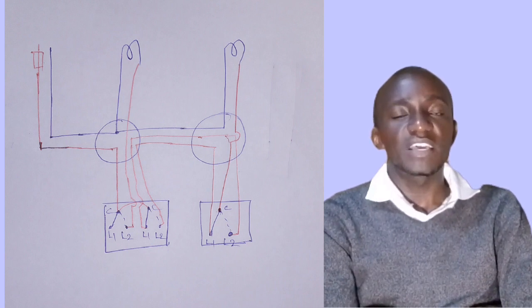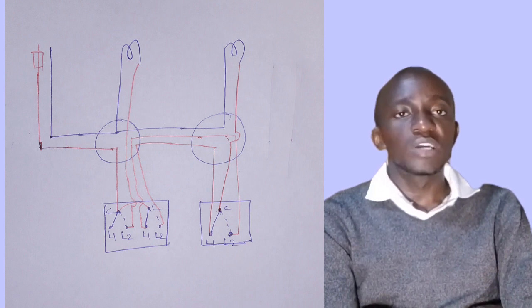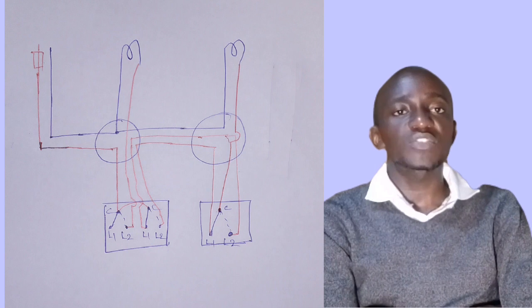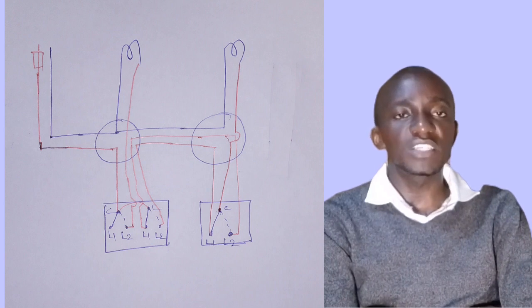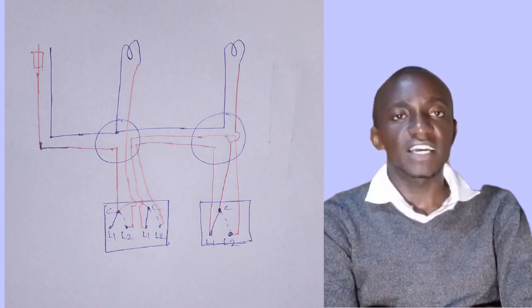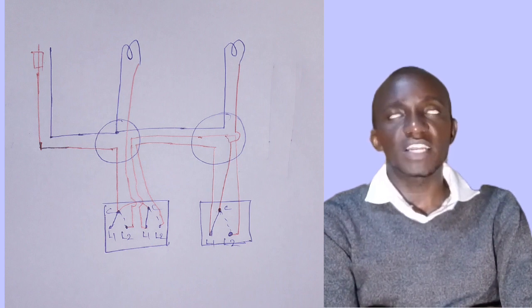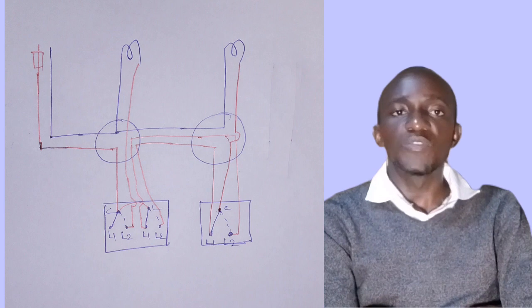This is what I mean: the live conductor to the system that requires only one-way switching is going to originate either from L1 of the first gang or L2 of the second gang. The other gang will be left blank. It will not be connected to anything. Then it will move to the lamp.